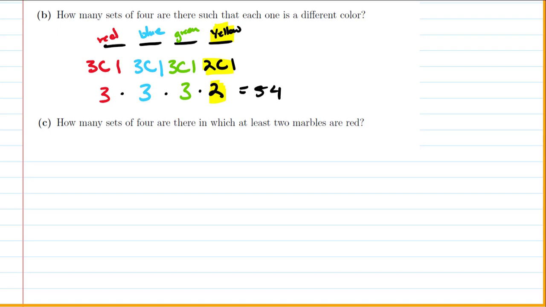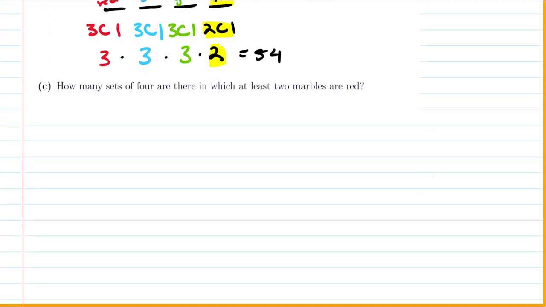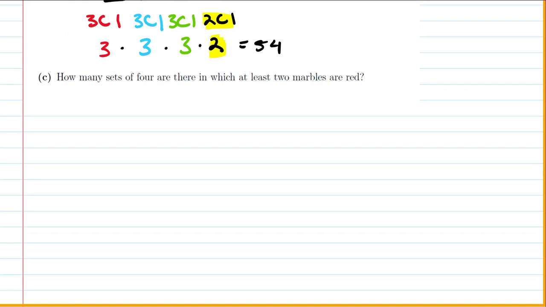So out of the 54 sets, well, not necessarily out of the 54 sets, because our total number of sets is 330, right? So we want to have 2 red marbles. So that means there's going to be, and it says at least. So at least 2 red marbles means I could have 2 red marbles, or I could have 3 red marbles.